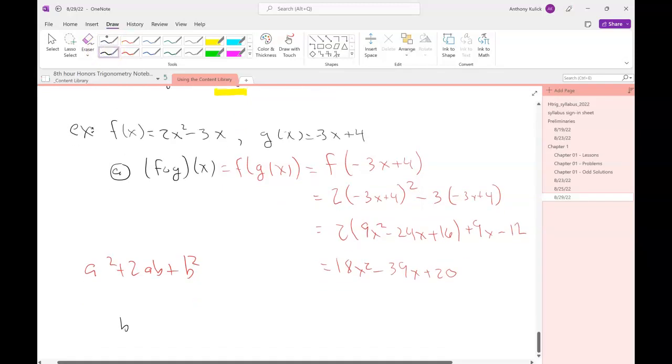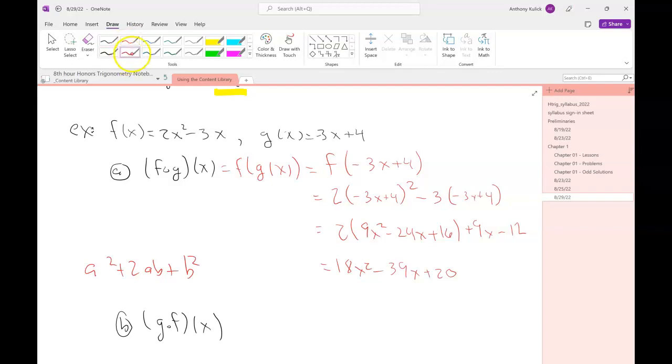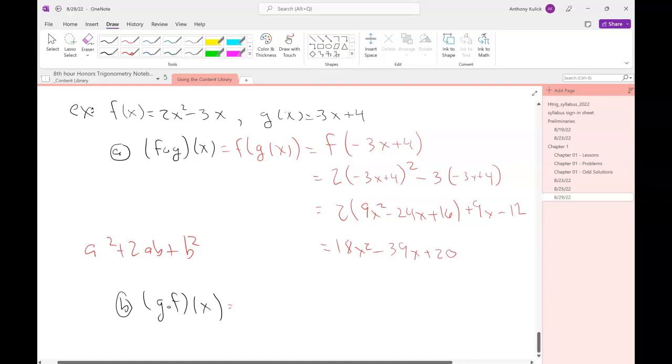Well, that was a pain in the tuchus. What if we do g of f of x? Oh, Mr. Kulik, I know what this is going to be. It's just got to be the same thing, right? The other thing was f compose g, so this just must be g compose f.